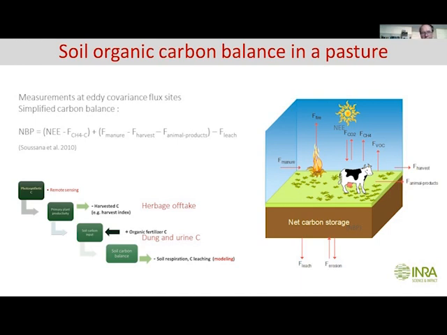So this is the balance of the fluxes, and we've been investigating both in croplands and in grasslands, and this is largely an international effort, those balance of carbon through eddy covariance flux that measures the balance of the photosynthesis and of the respiration of the system.